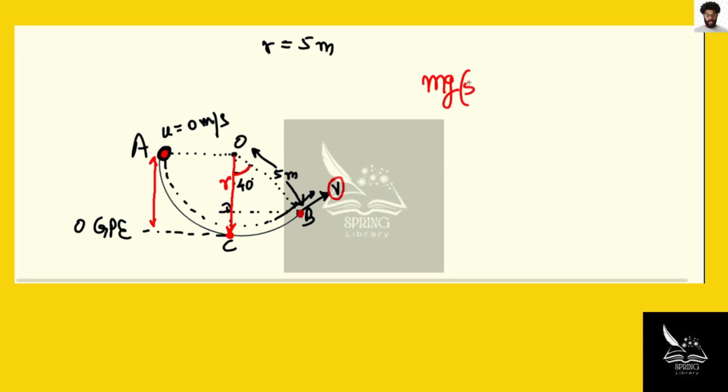So that will be 5 times mg, and this total energy gets converted into the gravitational potential energy at this point B, as well as the kinetic energy, and it also includes the energy which is lost in order to overcome the resistive forces.